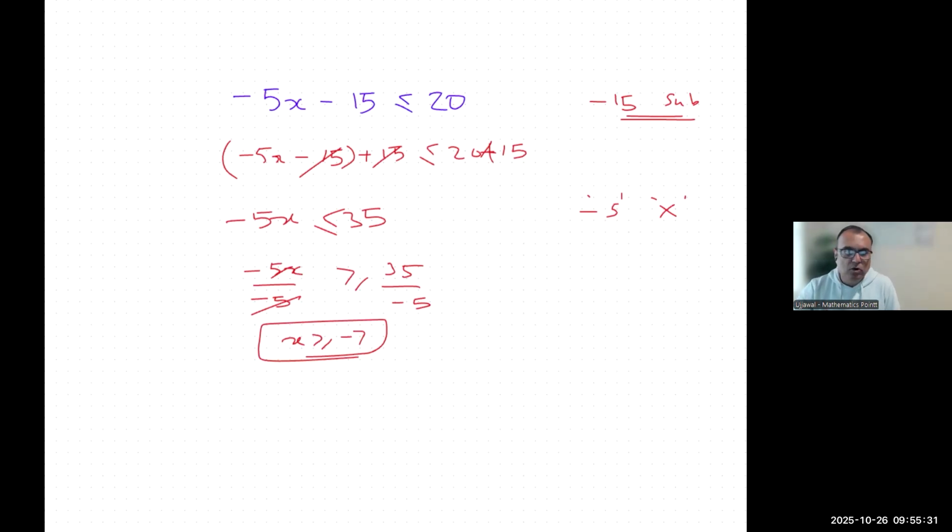All right, let's do one more. Got 5 more minutes in the session. We'll do one or two more before I let you go. Take your time when you're solving this. 5t plus 7 is greater than 9t minus 13.